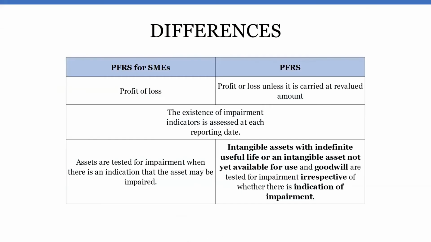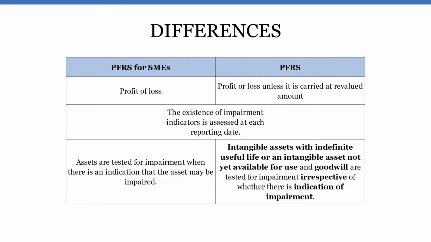So, what are the differences in PFRS impairment of assets? Impairment of assets for SMEs goes straight to profit or loss.